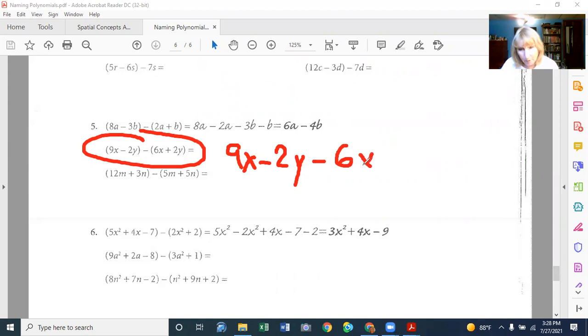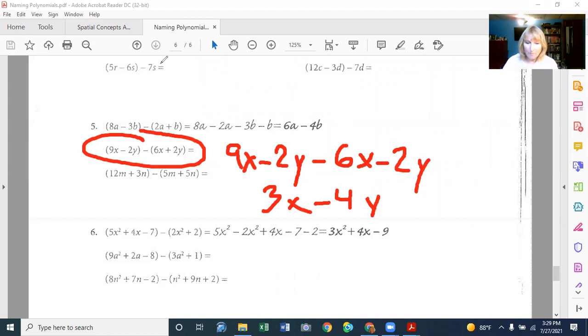And then we had a plus 2y, but we have to change the sign because we're minusing everything in parentheses. So minus 2y. And now we can combine like terms. We have 9x minus 6x, which is 3x. And then we have minus 2y and another minus 2y, which means minus 4y. So just be careful on those type.